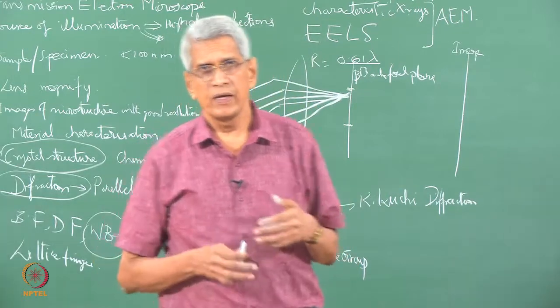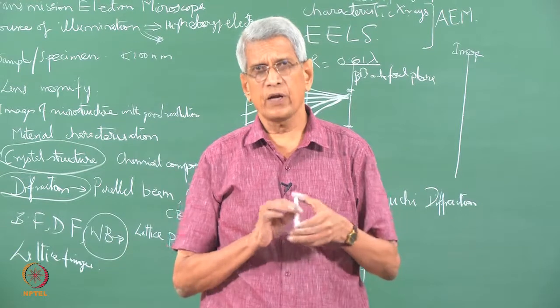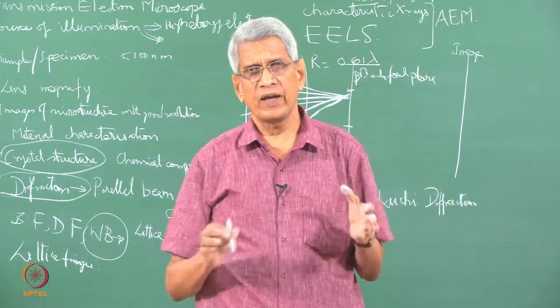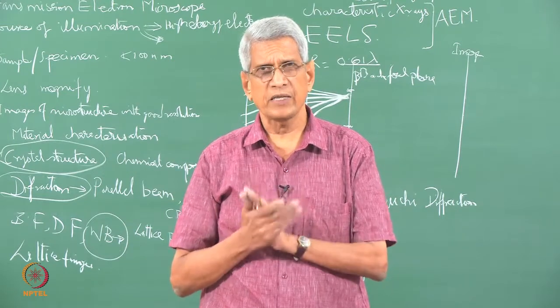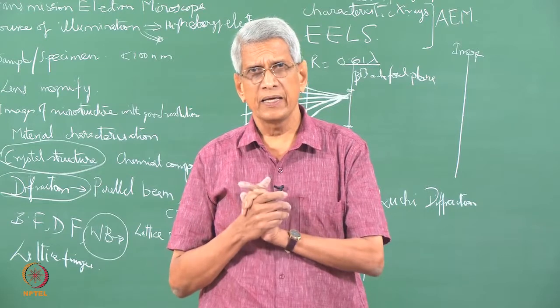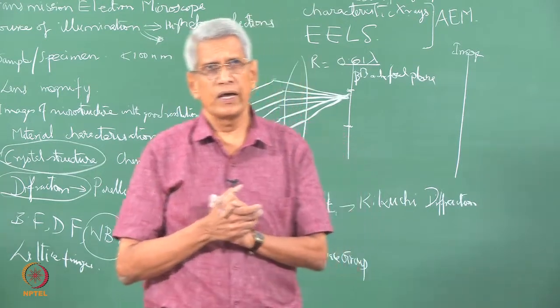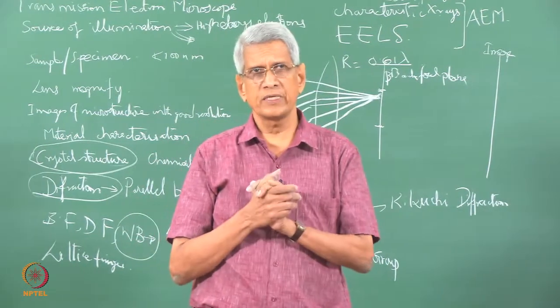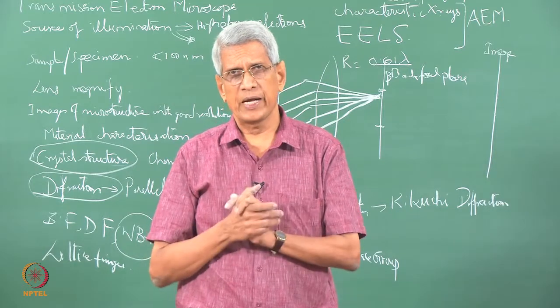This way, if you look at a hexagonal lattice, we will see a six-fold symmetry in the diffraction pattern, which we have studied. Similarly, in the cubic crystals also, six-fold symmetry will be exhibited by the diffraction pattern in one direction.